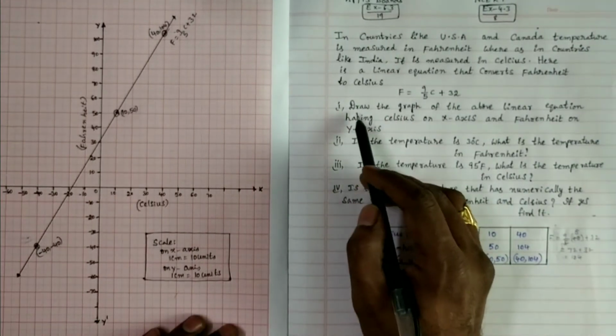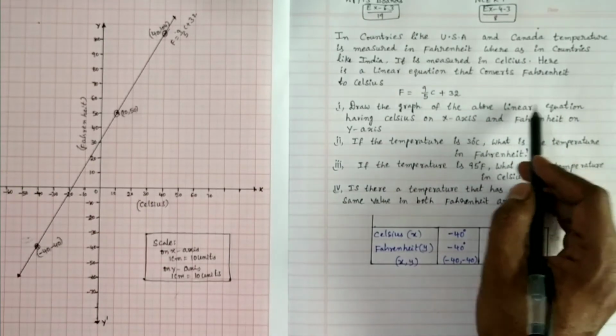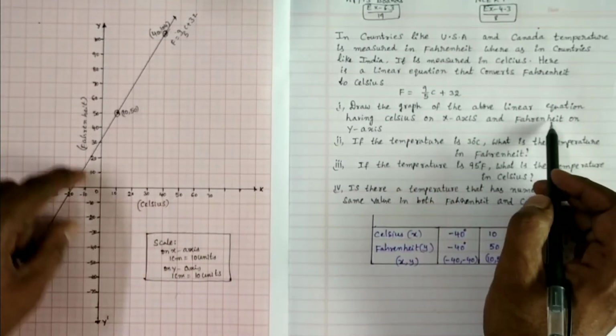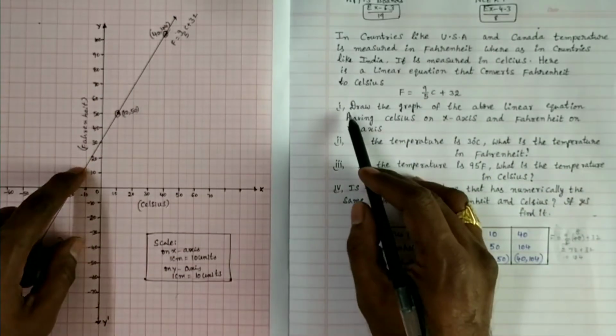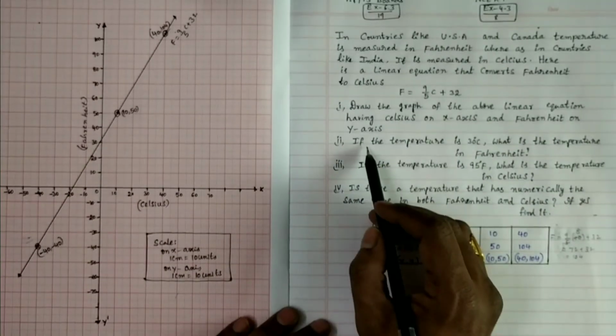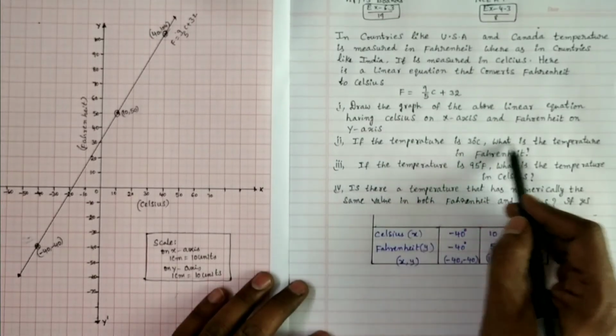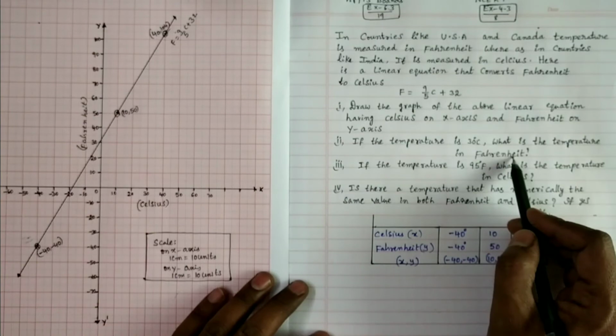The first question is, draw the graph of the above linear equation having Celsius on x-axis and Fahrenheit on y-axis. So the first one is completed. Come to the second question. If the temperature is 30 degrees centigrade, what is the temperature in Fahrenheit?